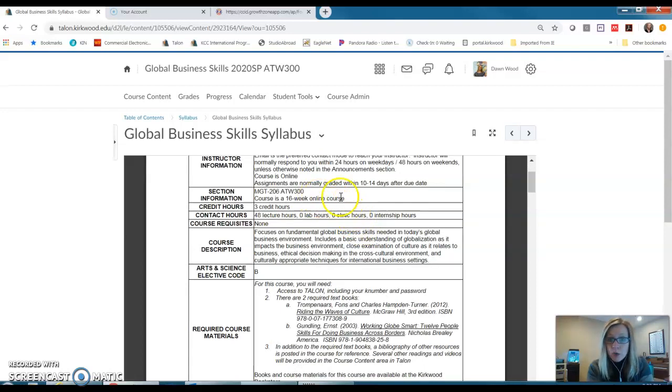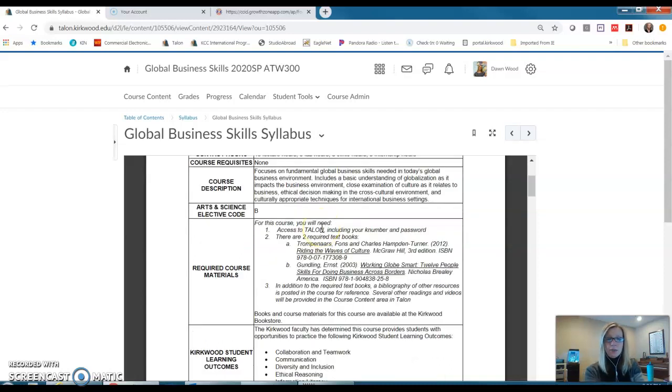It's a 16-week course. It's 3 credits. We'll be focusing on the fundamental global business skills needed in today's global business environment. So you'll learn about globalization, we'll examine different cultures, learn how to talk about different cultures. We'll talk about a lot of the ethics involved, and we'll be using these 2 textbooks.